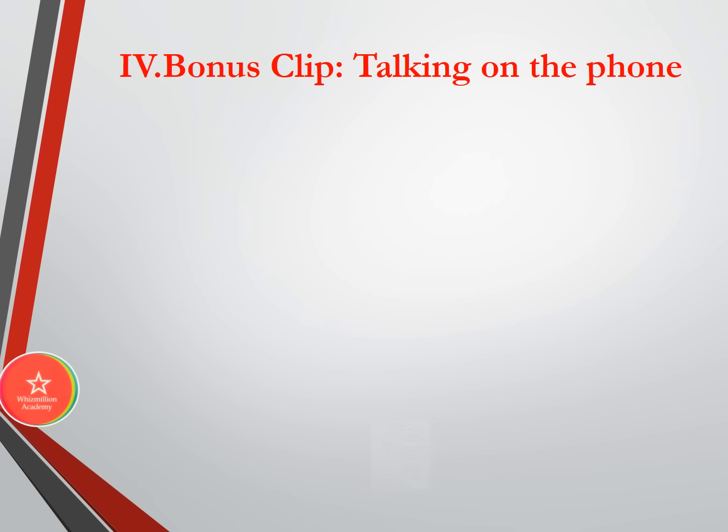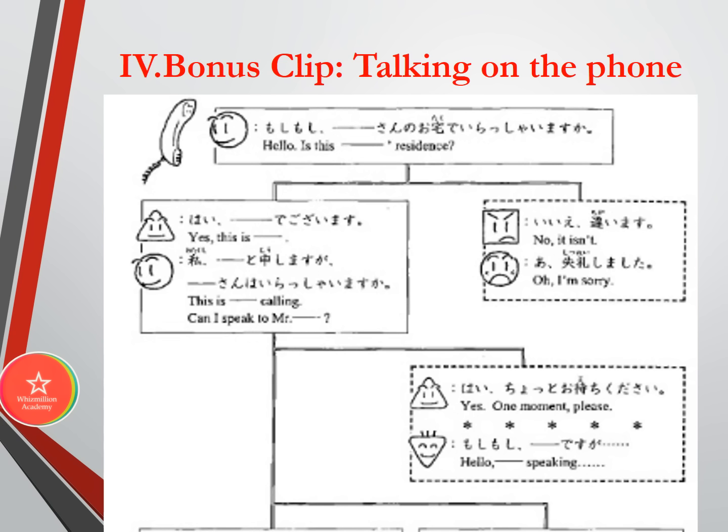Well, we have come to the bonus clip where we will use sonkeigo when you are talking on the phone. In this phone conversation, Karina is calling the house of Tanaka-san. She's looking to speak to Mr. Tanaka. Hello, is this Tanaka's residence?